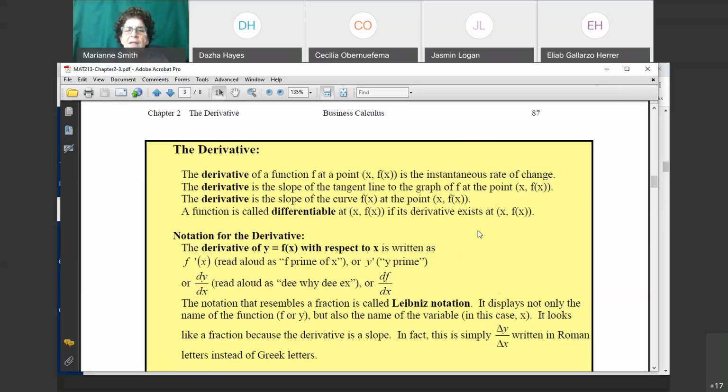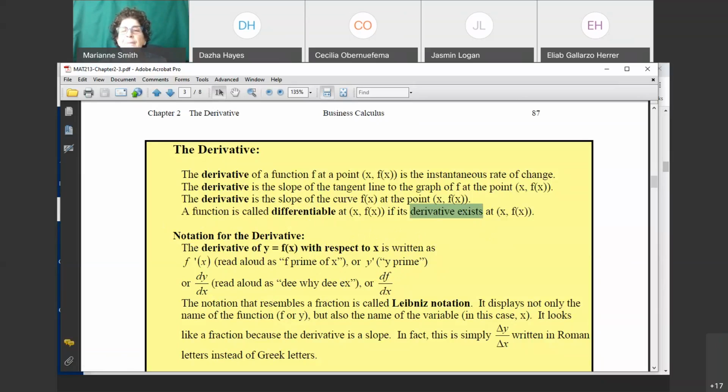So its derivative exists if the limit exists, if the tangent line has a slope that's not undefined. If the limit doesn't exist and you wind up with a vertical tangent, remember those have an undefined slope, then you can't take a derivative there. This is kind of going through all the warnings about when you can do this.